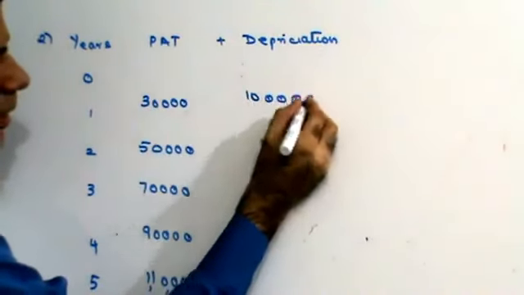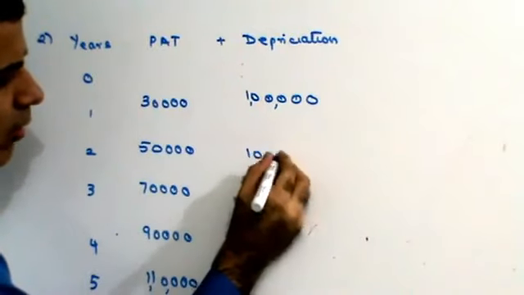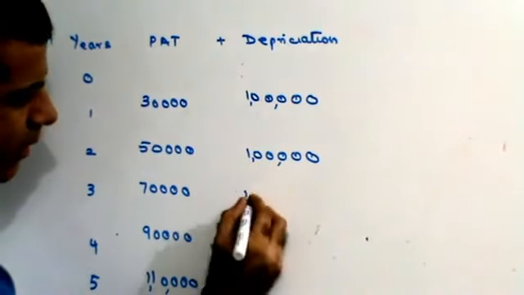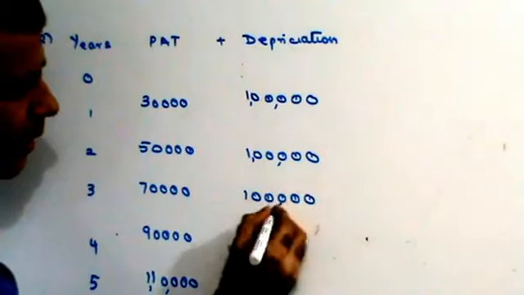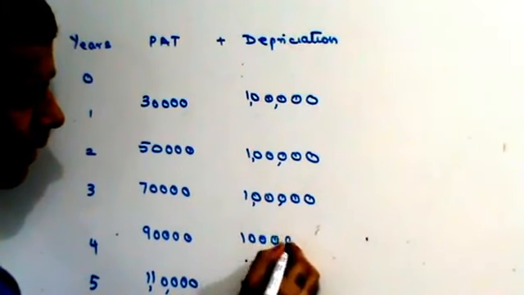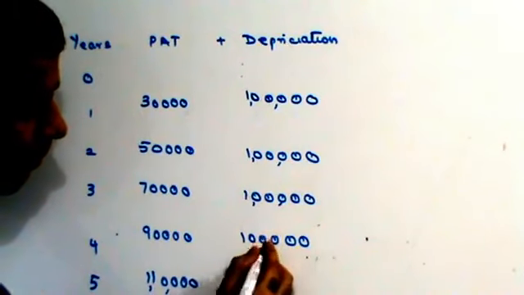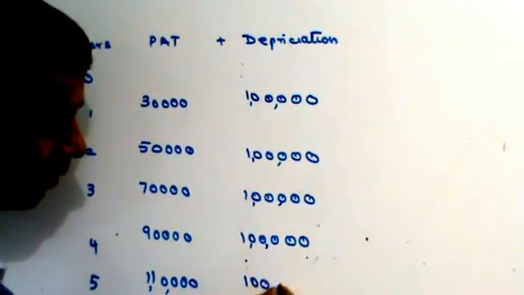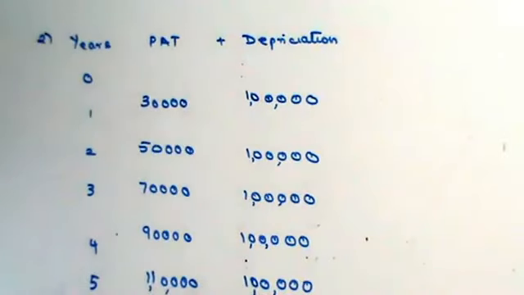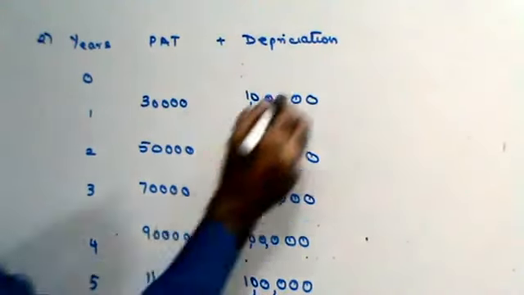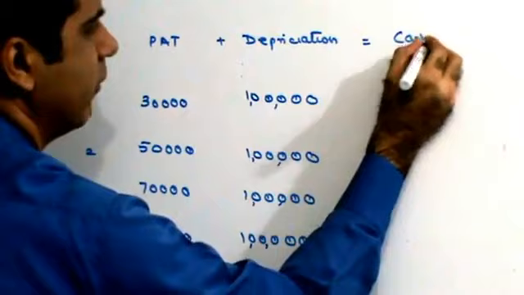We've already calculated. It is going to be same for all the years. 1 lakh, 1 lakh, 1 lakh, and 1 lakh. Right? Profit after tax plus depreciation gives you cash inflow.